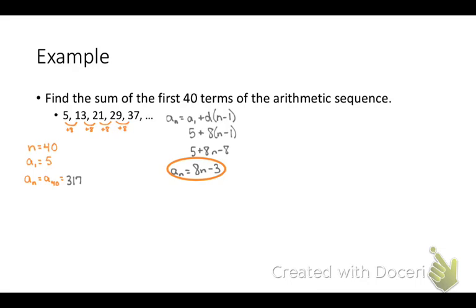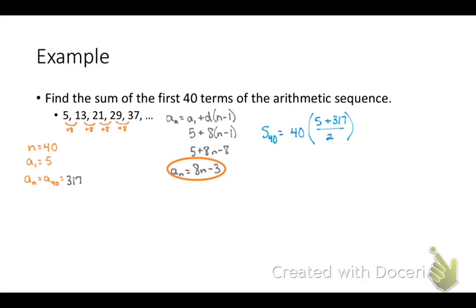So then if I want to know what the sum of the first 40 terms are, I'm going to take n, which is 40, times first term, 5, plus the last term, 317, divided by 2.